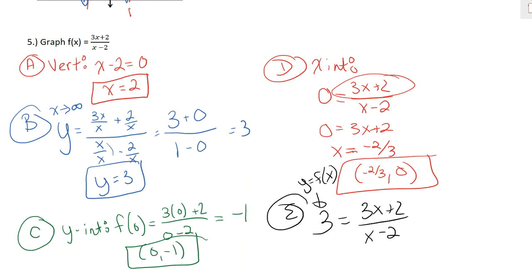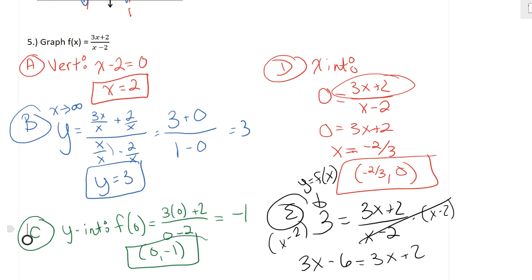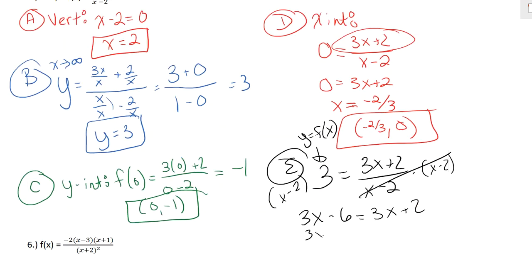So I'm going to solve this, and if I multiply both sides by x minus 2, distribute, I get 3x minus 6 equals 3x plus 2, and then I subtract 3x on both sides. Negative 6 does not equal 2. So it doesn't have a place. So no, it does not cross.